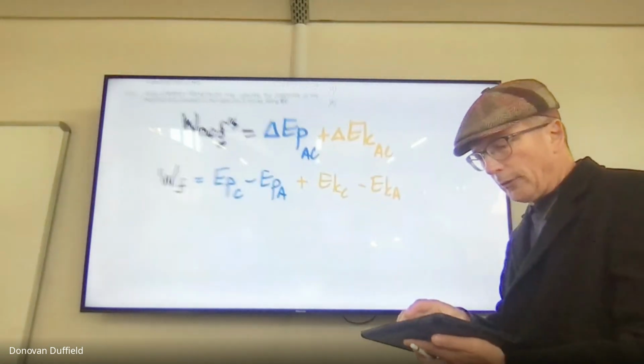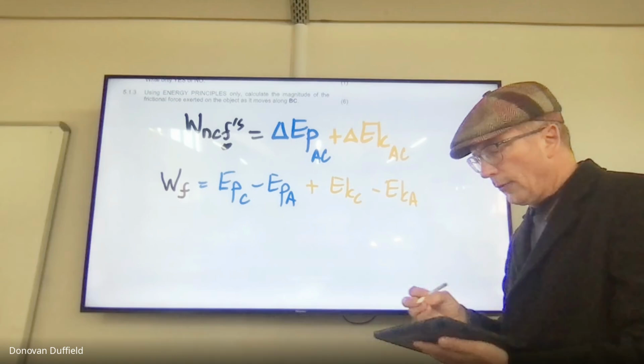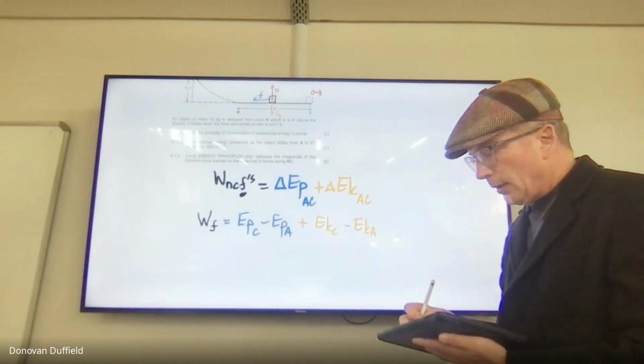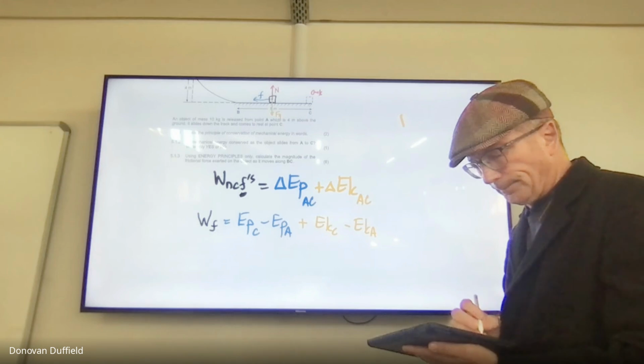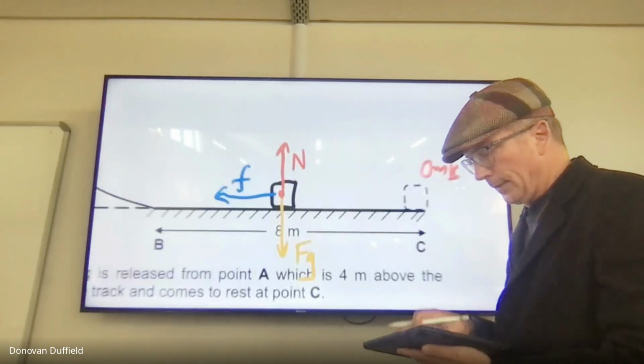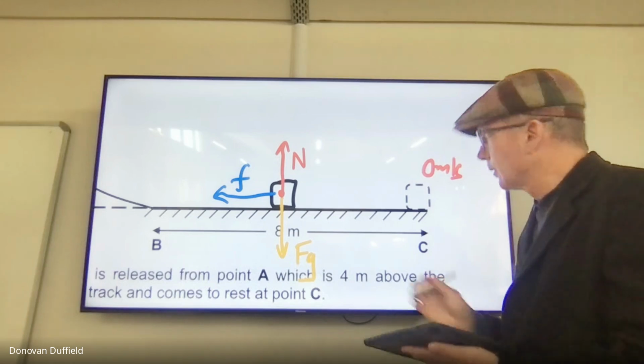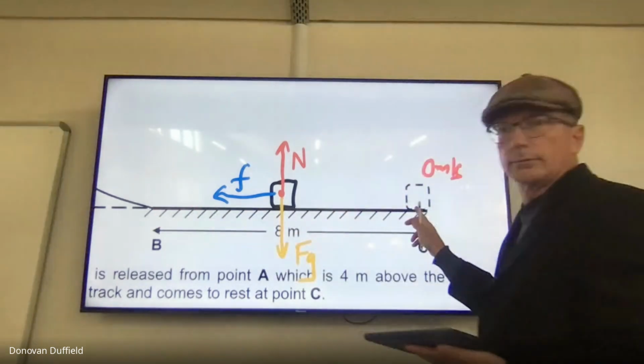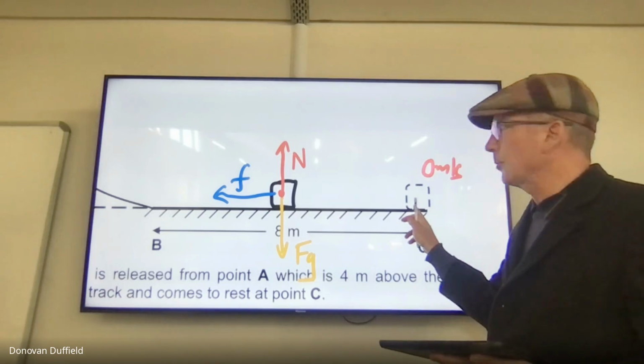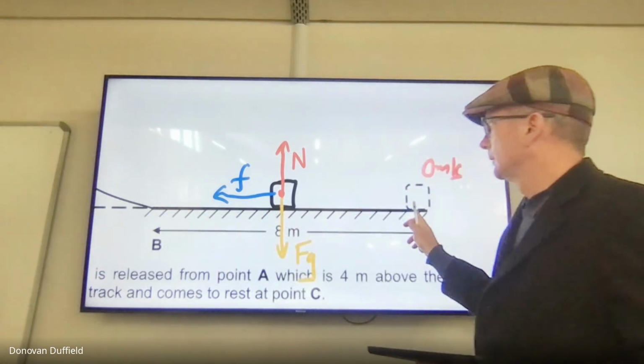So what's the work done by friction? Well, if you look at the friction, the change in position is along here. All right.